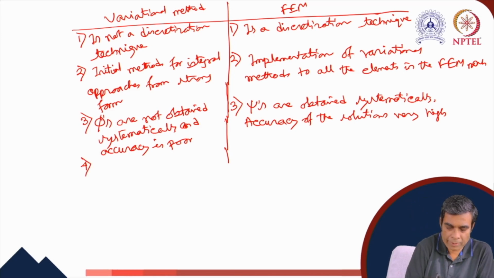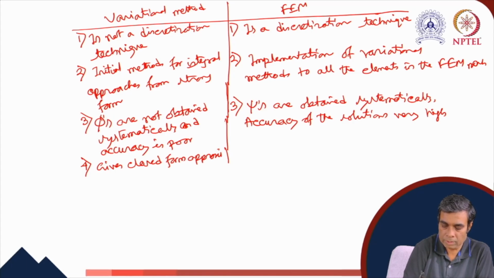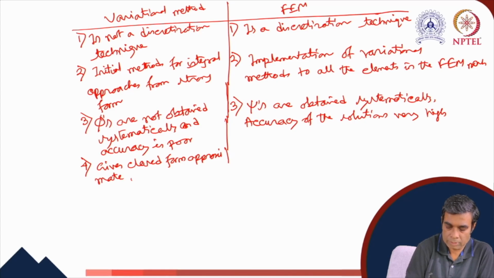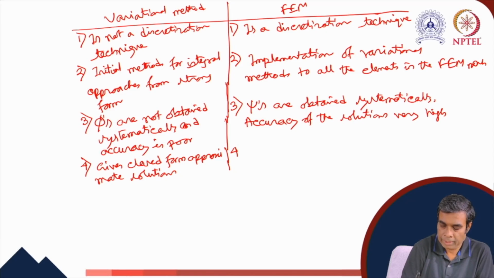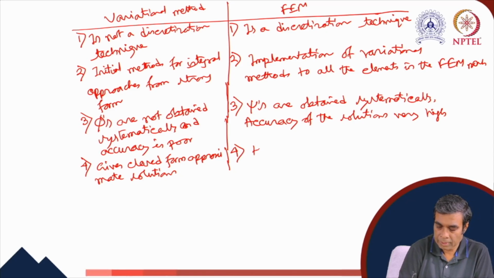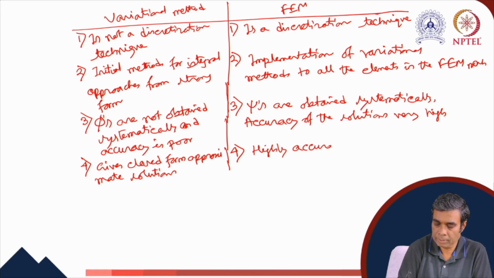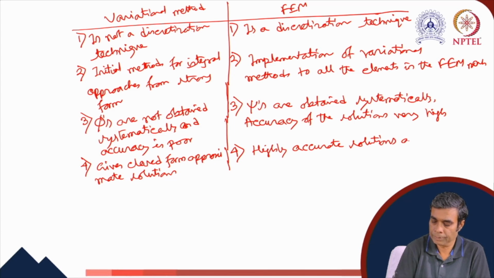A fourth point we can write is that the variational method gives closed form approximate solutions. In the finite element method we get highly accurate solutions at discrete nodes.